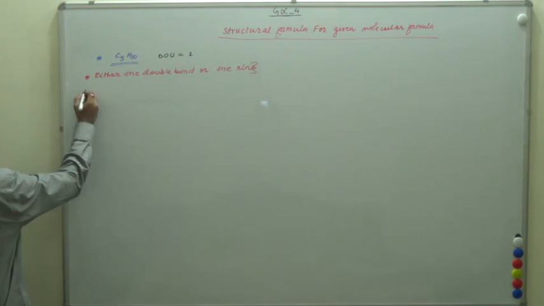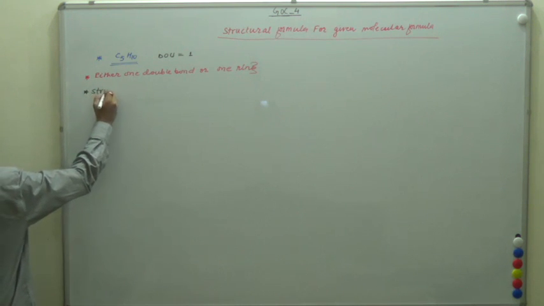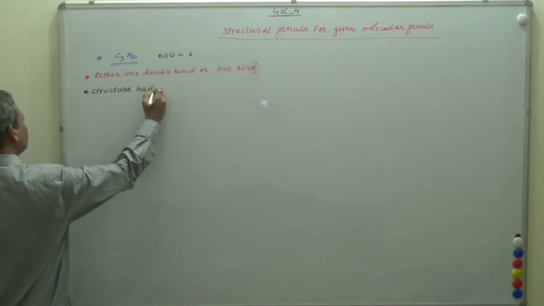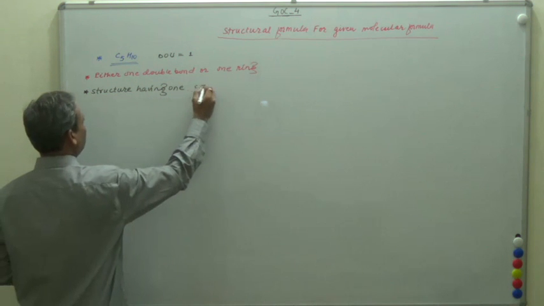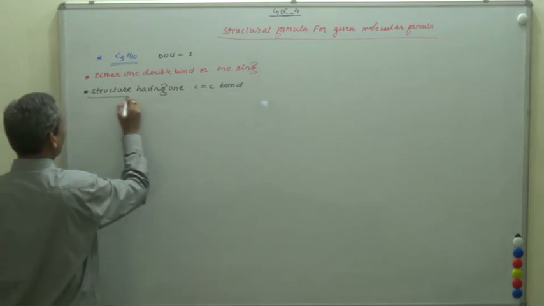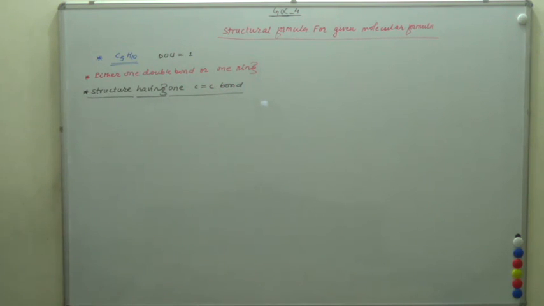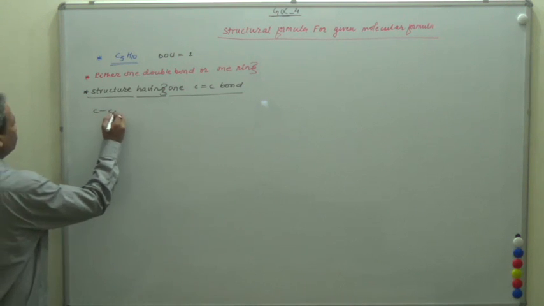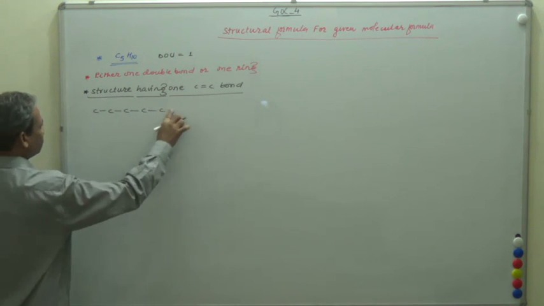So first we are trying to draw the structure having one carbon-carbon double bond. So always start from the longest possible chain.